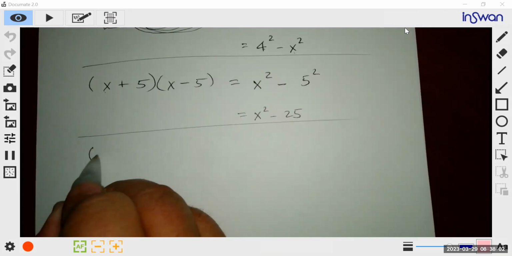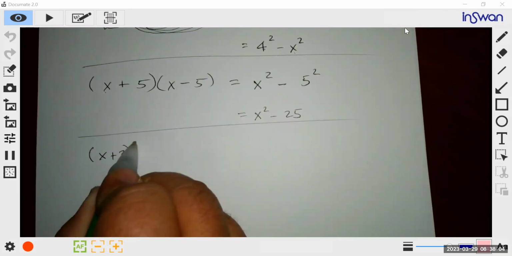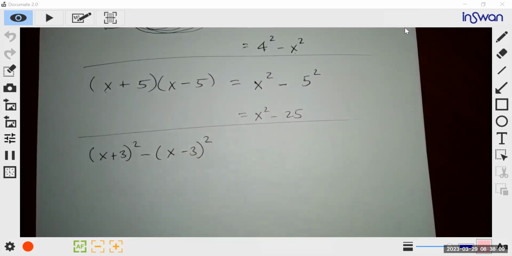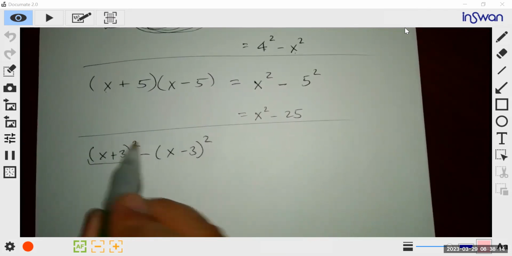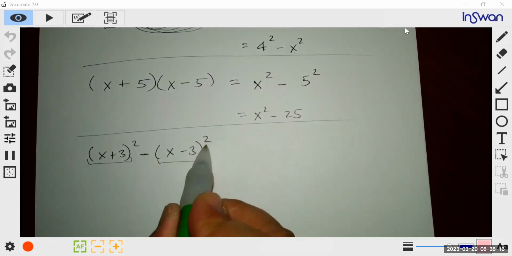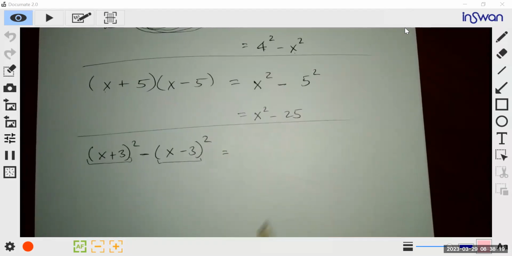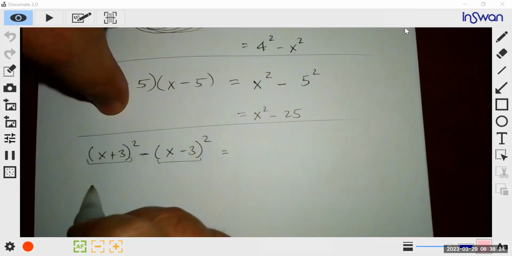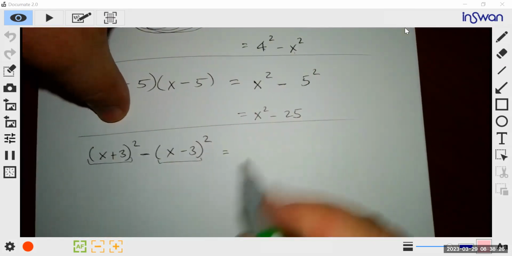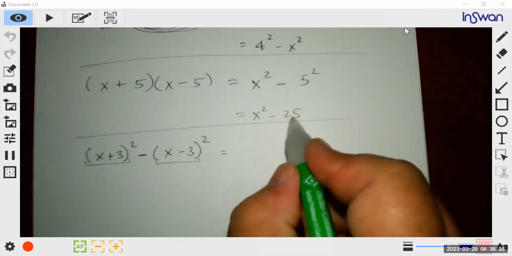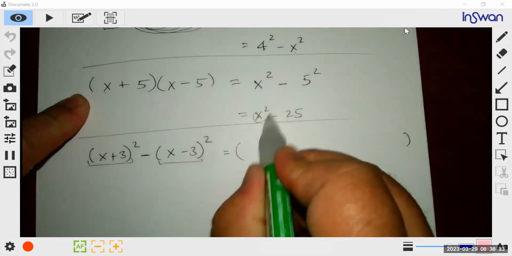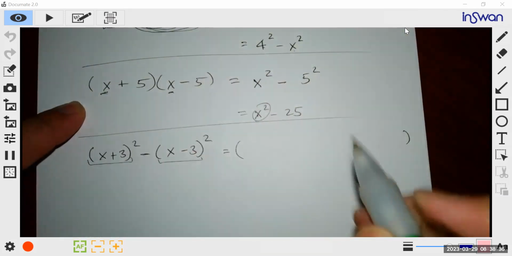We can also use equations. X plus 3 squared minus x minus 3 squared. And still, this first term is squared minus the second term is squared. So if we work this out, we're working backwards now. So x squared, this term comes from the first terms here.